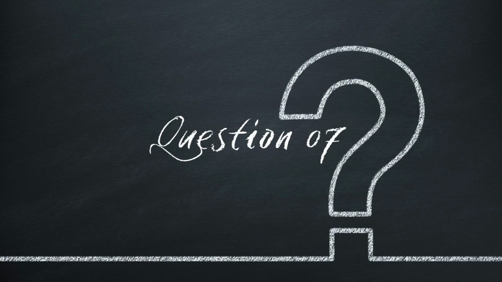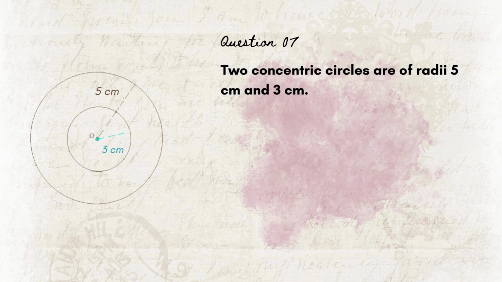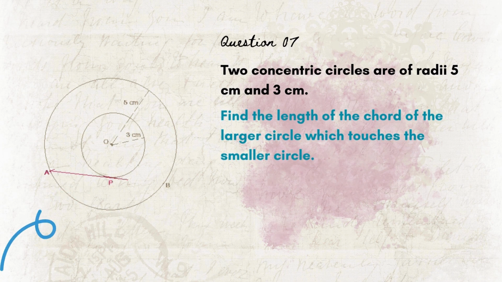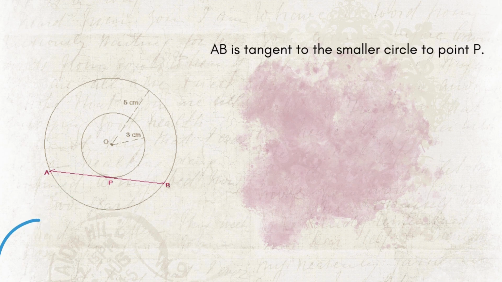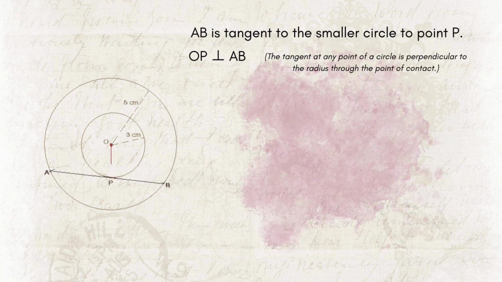Question 7. It says two concentric circles are of radii 5 centimeters and 3 centimeters. We need to find the length of the chord of the larger circle which touches the smaller circle. So here AB is the chord of the larger circle which touches the smaller circle at the point P. Now this AB is tangent to the smaller circle because it is touching the smaller circle at only one point, which means OP is perpendicular to AB because the tangent at any point of a circle is perpendicular to the radius through the point of contact.